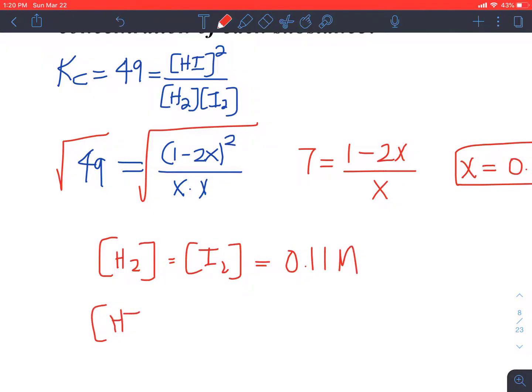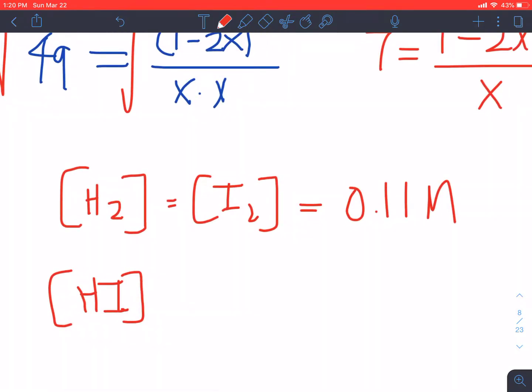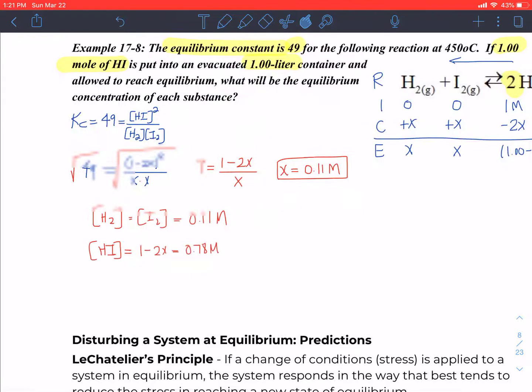The concentration of HI is equal to 1 minus 2x. If you plug in x, you're going to get 0.78 molar. Okay, and so those are the equilibrium concentrations of the substances. There we go.